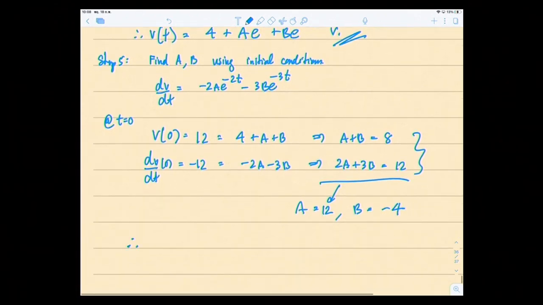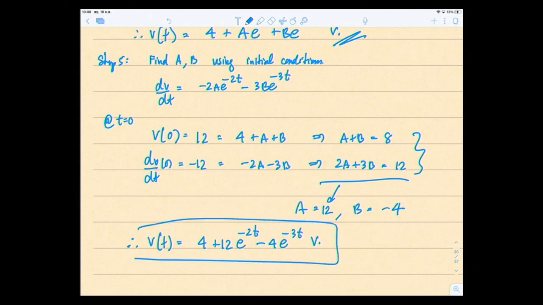So therefore, your final solution for the voltage V is 4 plus 12 e to the minus 2t minus 4 e to the minus 3t volt. So that's it, final answer.